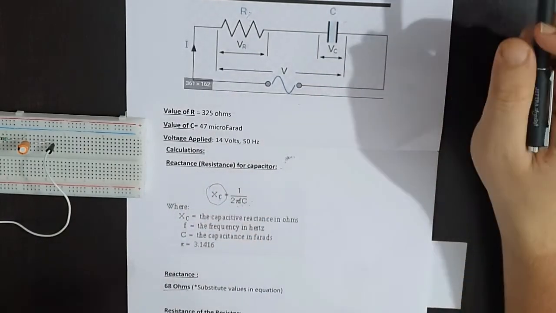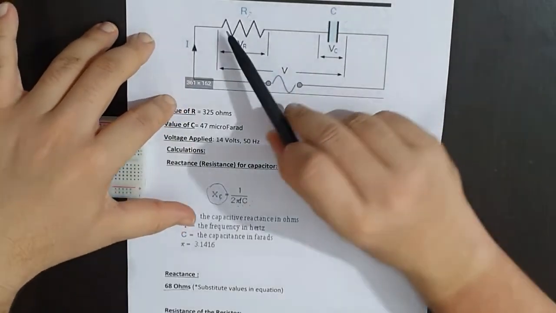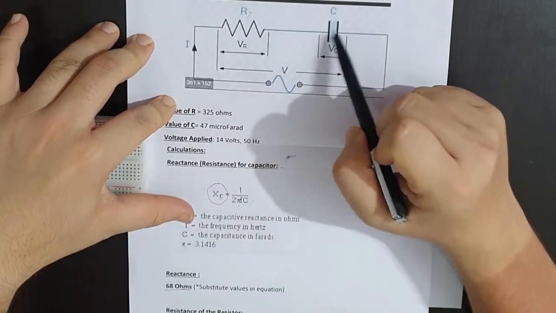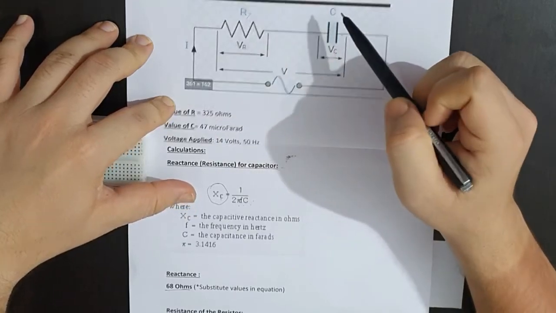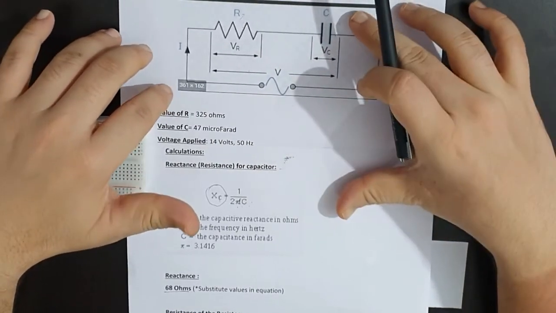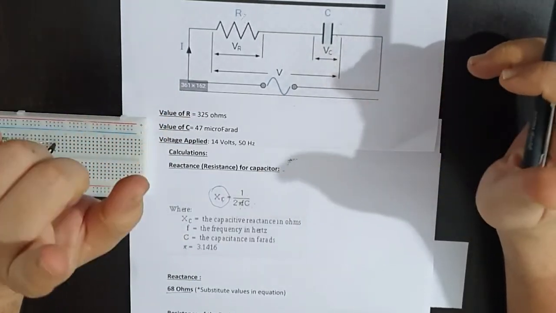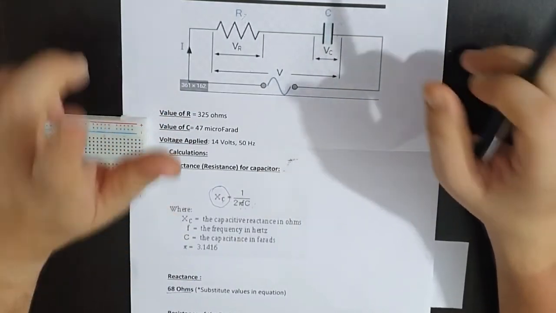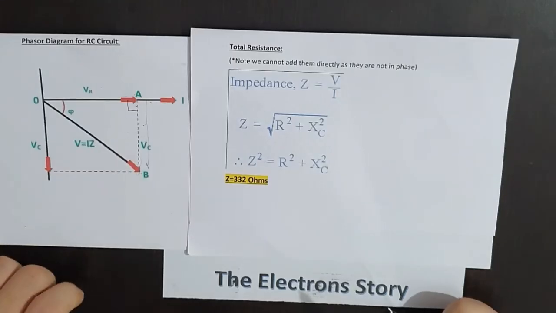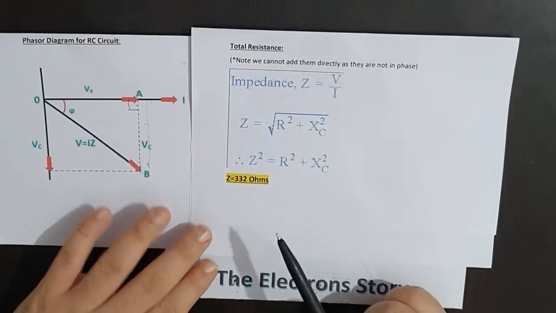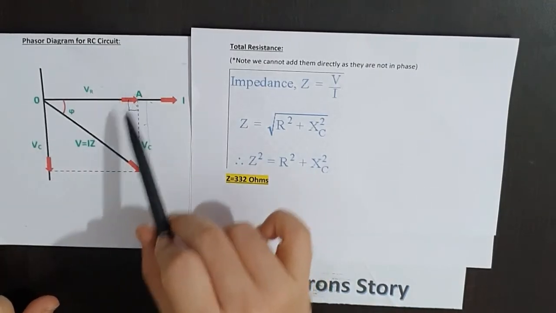So this is the way you have A and B as components of 68 ohm and 325 ohm. Now there is one thing: when two resistors are in series, you can add resistor A and resistor B, but in this case you cannot add because there is a phase shift, as I told you. Now if there is a phase shift, then you have to go by the phase formula, which I will explain now. So what is the phase formula? This is the Pythagoras theorem.